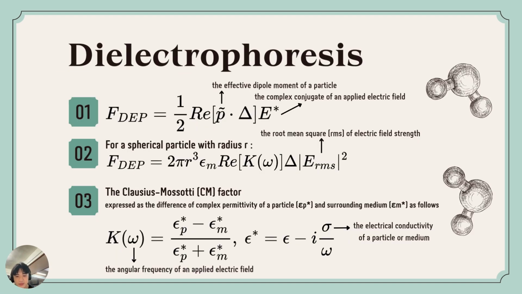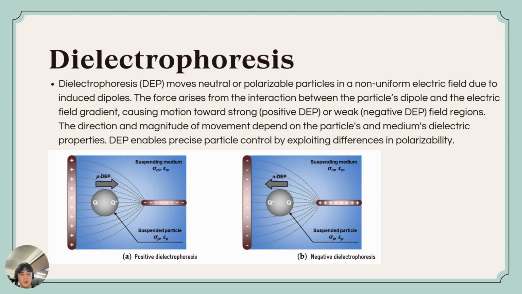And on the contrary, if a particle is less polarizable than the surrounding medium, the real part of the CM factor will be less than zero. It migrates to a weak electric field region, repelled from a strong electric field region by negative DEP. Okay, it's the right part of the picture, NDEP.